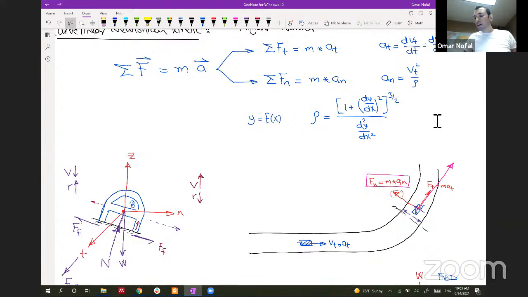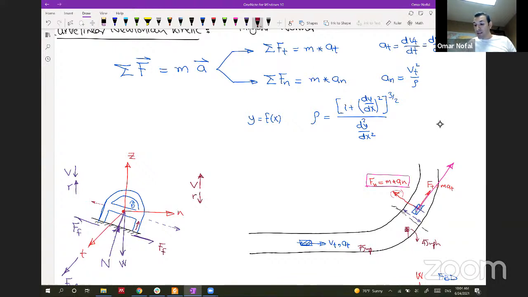That's why whenever you enter a curve on a highway, there is a sign that reduces your velocity. If you are moving here at 75 miles per hour and you enter a curve, you might find the sign is 45 miles per hour. Why?